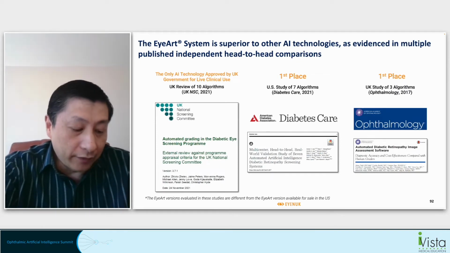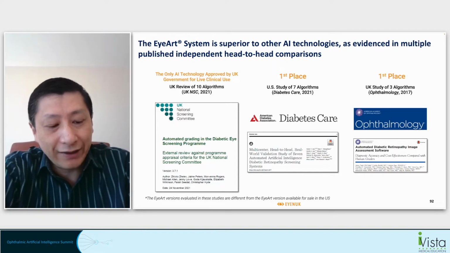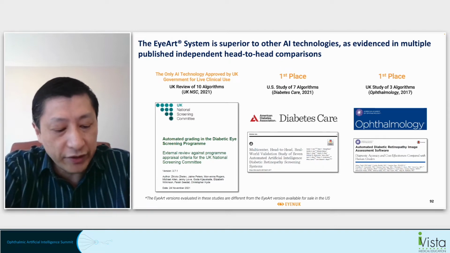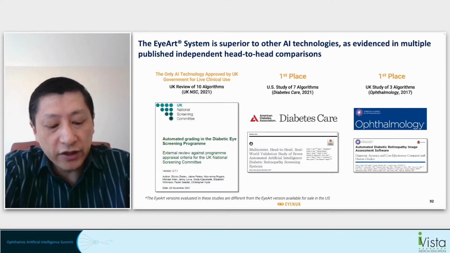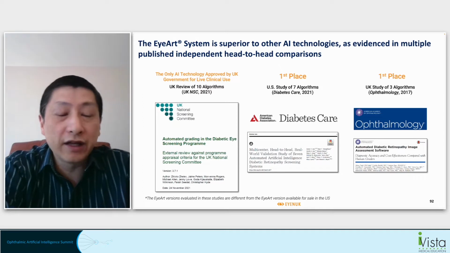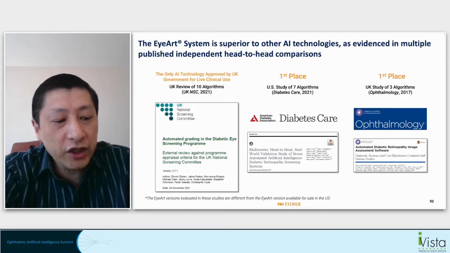Fourthly, head-to-head AI comparison results. Over the years, IR has participated in 3 head-to-head comparison studies globally, each with published results, and IR performs well in each of them. Specifically, IR was the best performing algorithm in the UK study about 5 years ago, which was published in Ophthalmology.